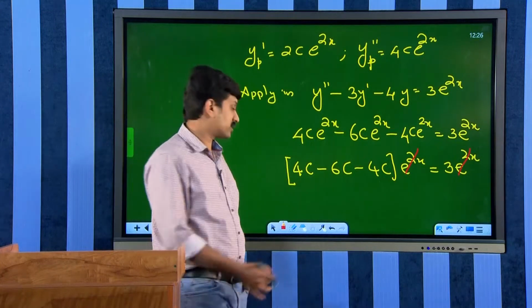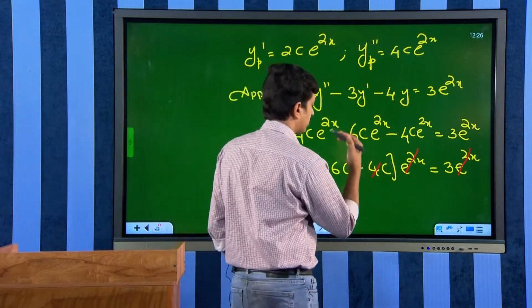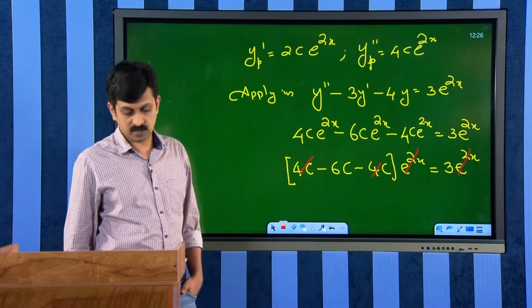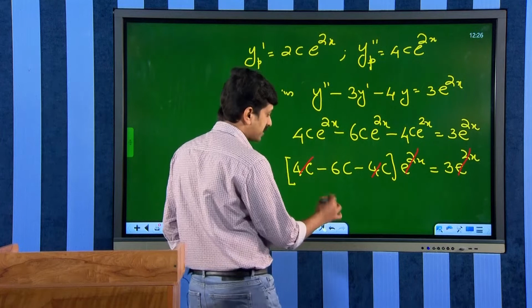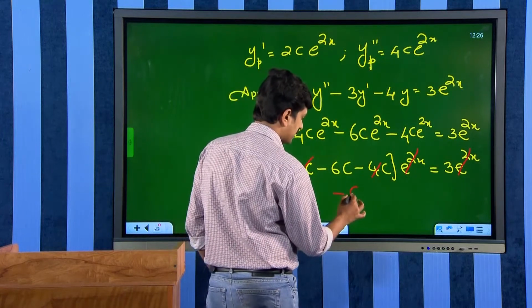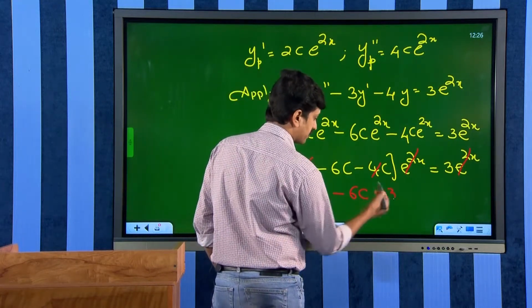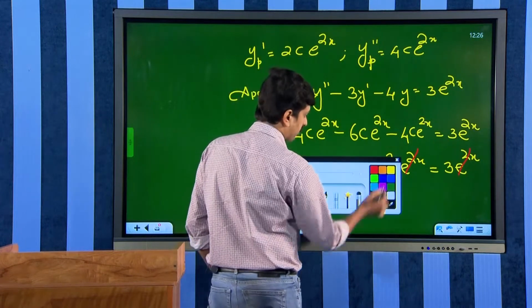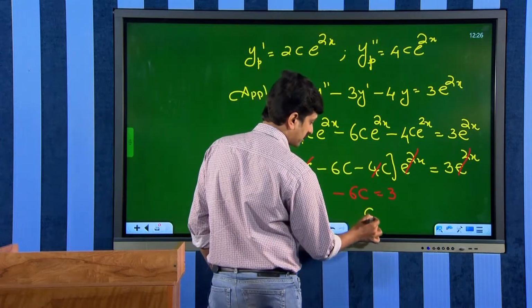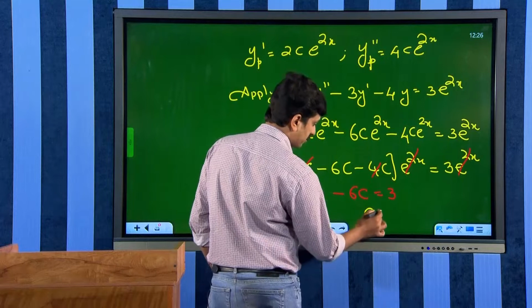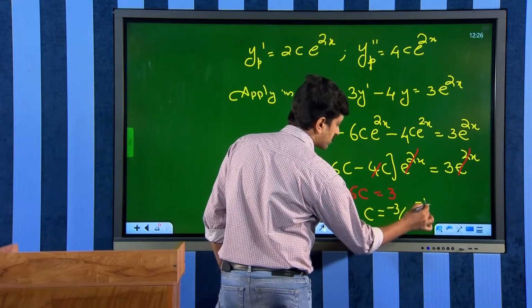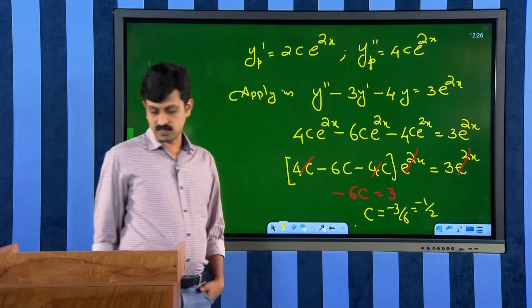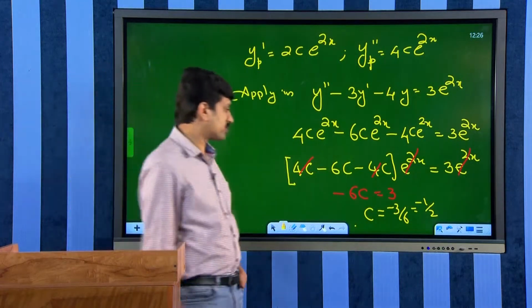Finally minus 6c is equal to 3. Therefore c is equal to minus 3 by 6, which is minus 1 by 2.